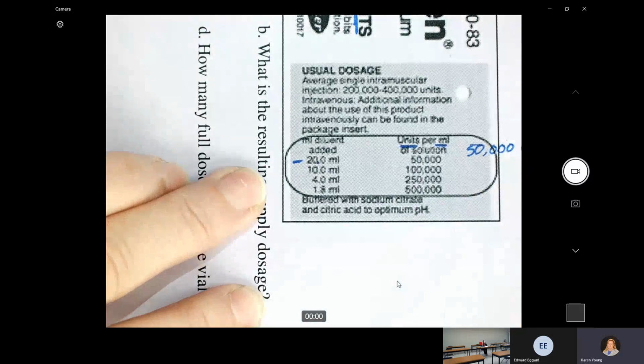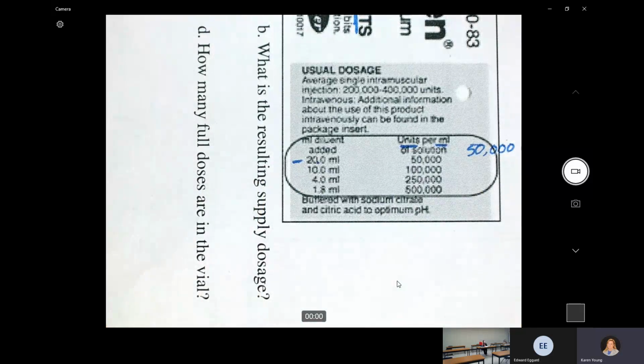That would be my supply dosage. A lot of people want to read this as: I'm going to add 20 milliliters of diluent, I'm going to get 50,000 units per 20 milliliters. It's units per 1 milliliter on these.